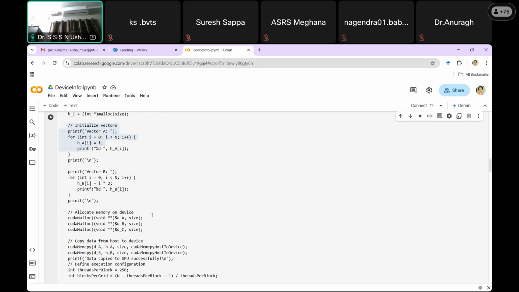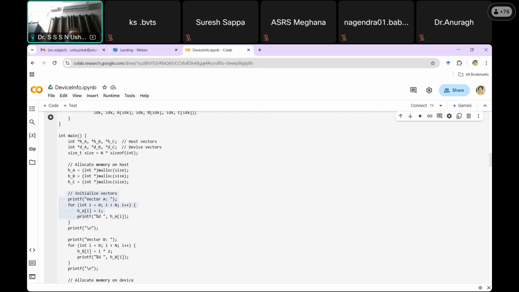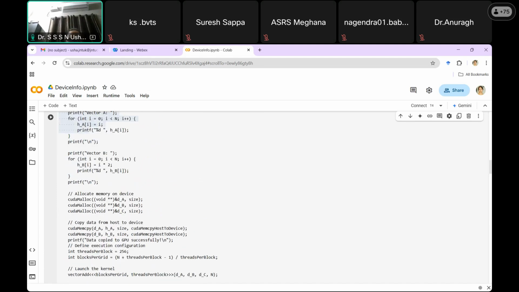That's the second step. So cudaMalloc. Previously, to allocate memory for the host, we simply used malloc. We are already aware of that: for pointers, we use the malloc function, calloc function, right? Similarly, here cudaMalloc is the method that creates memory on the device.